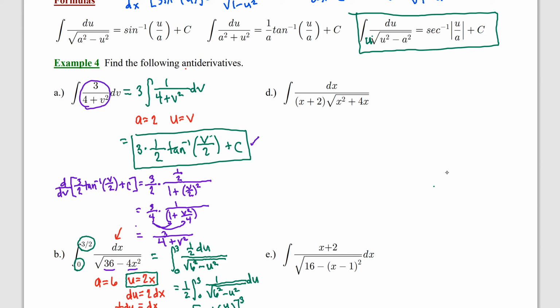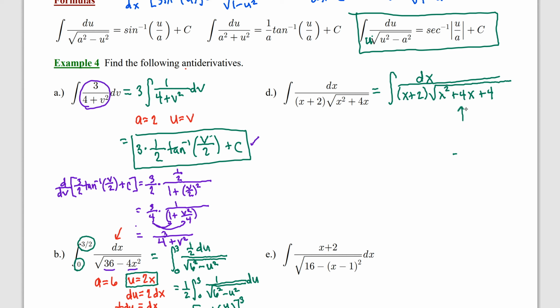So what we're going to do is complete the square under that radical in the denominator to see if we can make it match the pattern of our integral formula. So on the top, we have our dx, x plus 2 here, and let's go ahead and complete the square under this radical. Notice the value that completes the square here is 4.